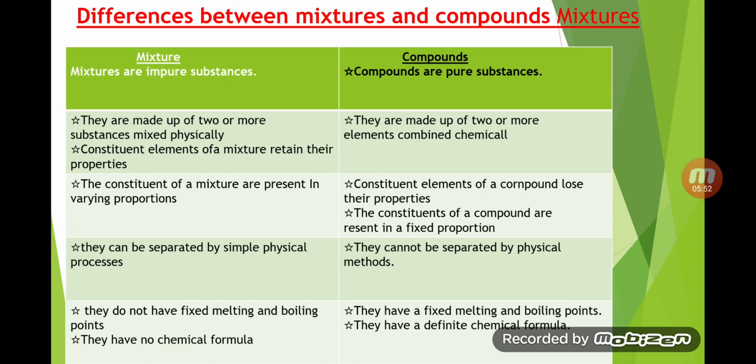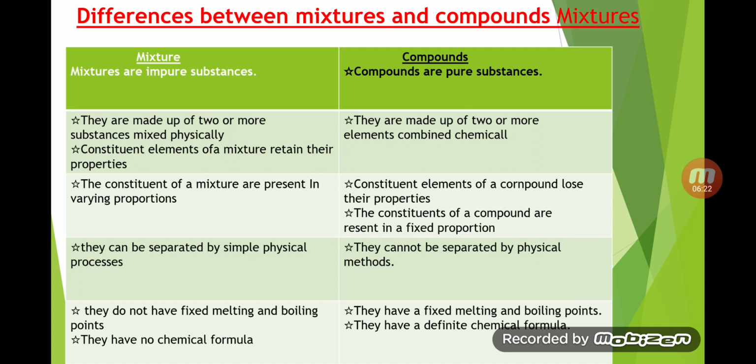Next, mixtures are made up of two or more substances mixed physically, not chemically. But on the other hand, compounds are made up of two or more substances combined chemically. Yes, my dear students, in a mixture they mix physically, but in the case of a compound they combine chemically.